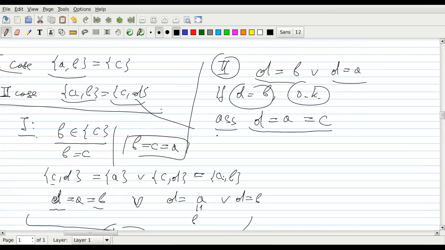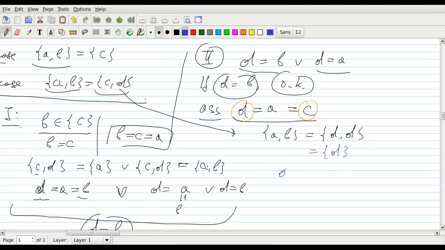Okay, but then our AB equals what? It equals D, because D and C are the same. So it is a singleton of D, whence D is an element of the set, or better, B is an element of the set, that is B equals D. And of course, all four sets are equal to each other.